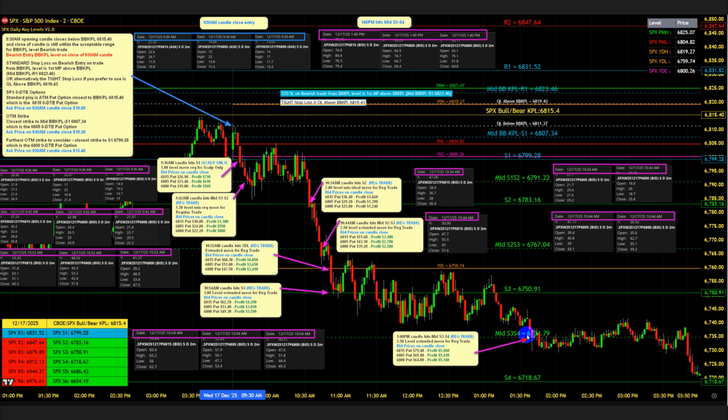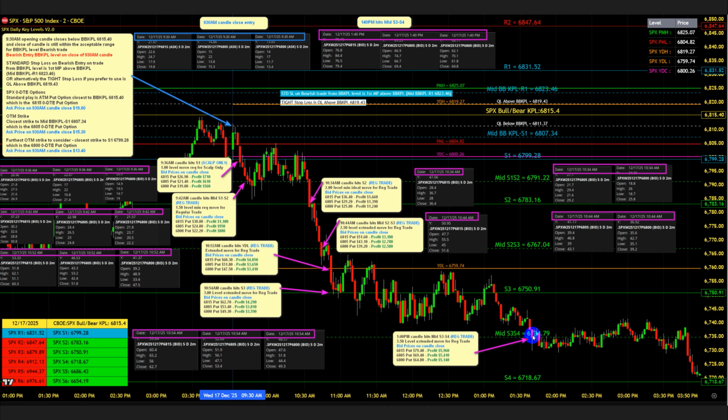So here we've been in this trade. So one thing to keep in mind is that we've been in this trade since 9:30. So at 1:30 p.m. here, where it is hitting the mid S3, S4, we've been in this trade for 4 hours now.